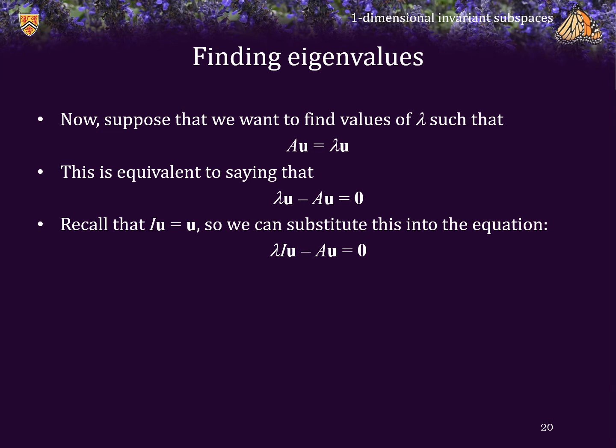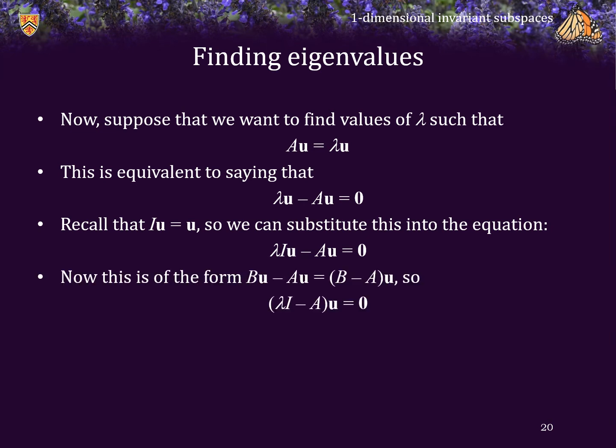So now we have lambda times the identity operator all applied to the vector U. So this is now essentially of the form B applied to U minus A applied to U, where B and A are linear operators, and that is equal to B minus A all applied to U.